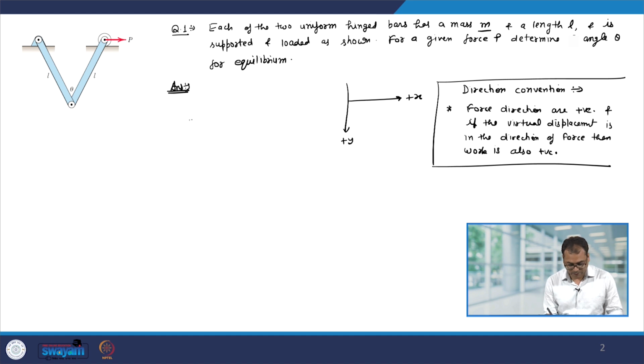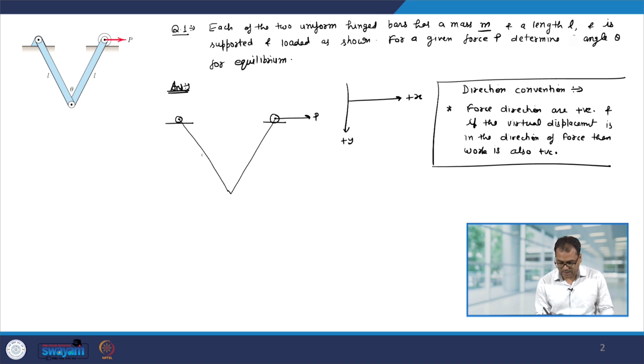Okay. So, let me draw the figure again. We have a pin support here and we have a roller support here. This is subjected to a force P, and then the bars are like that.